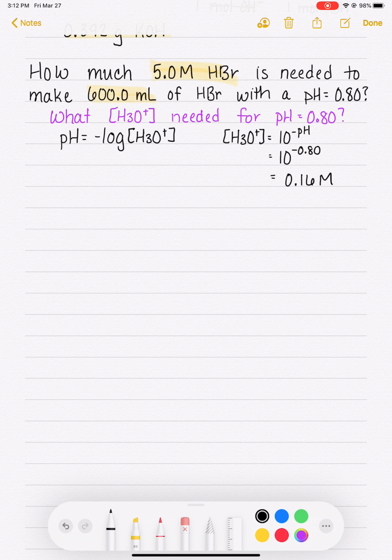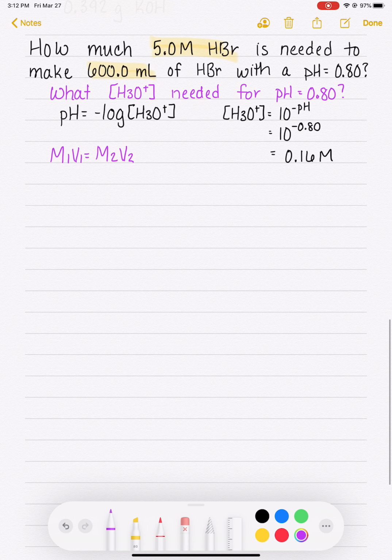There's a really fast way to do this calculation. It's an equation that Gen Chem students never use enough, and then you need to rely on this equation because it is so helpful. M1V1 equals M2V2.